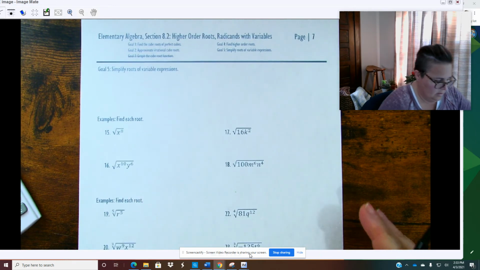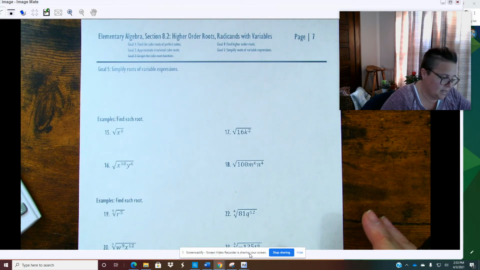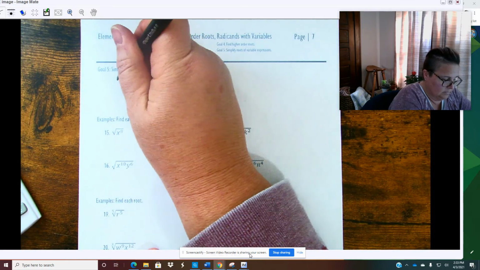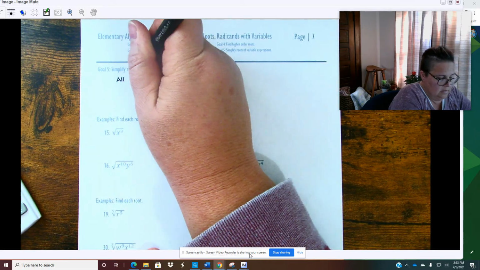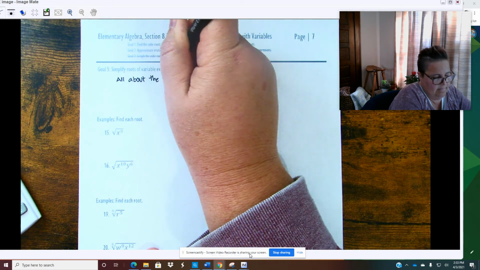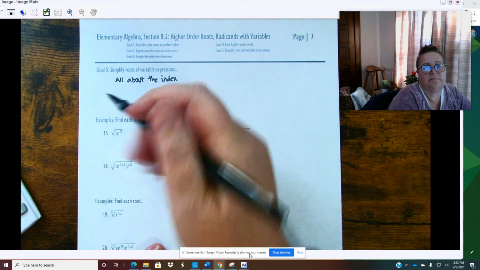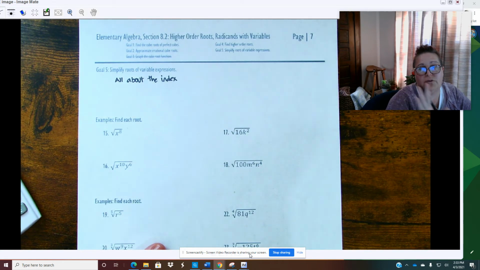Okay. We want you to be able to simplify roots with variable expressions, and this is all about the index. All right, so watch for the squares and the cubes and the like, all right?